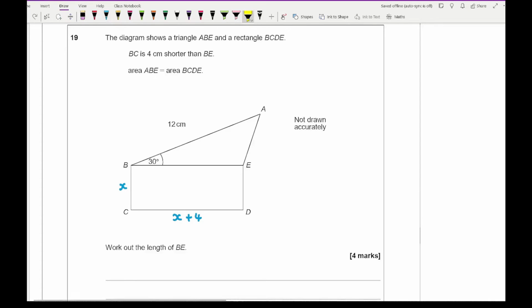So then working out the area of this rectangle, which I'm just going to shade in yellow, we know that area is going to be x lots of x plus 4.